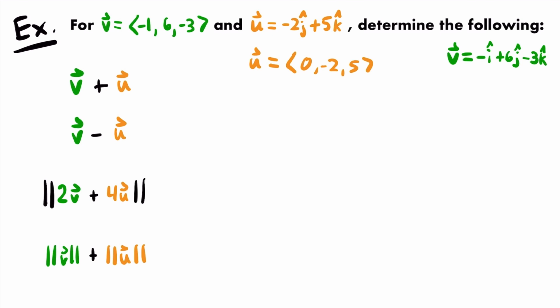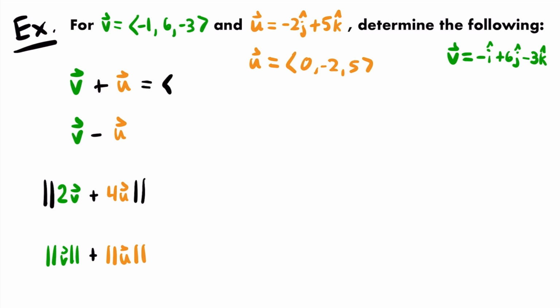All right, so keeping that in mind, let's do these operations. I'll start with vector v plus vector u, and I'm going to work with this notation first, and then when we do the subtraction, I'll use this notation, just so that you can see both of them. All right, but let's get started here. If we add vector v to vector u, what we have to do is add the x components, add the y components, and add the z components. All right, so that will look like this.